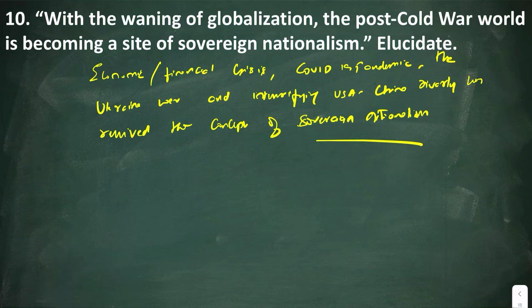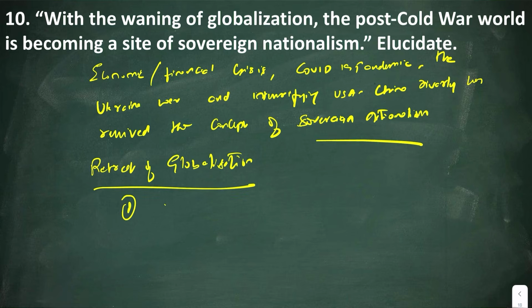Now let us go to the second part, that is the body. Within the body you can give the heading as retreat of globalization. Here you can say the first one, economic decoupling. Elaborate this point.